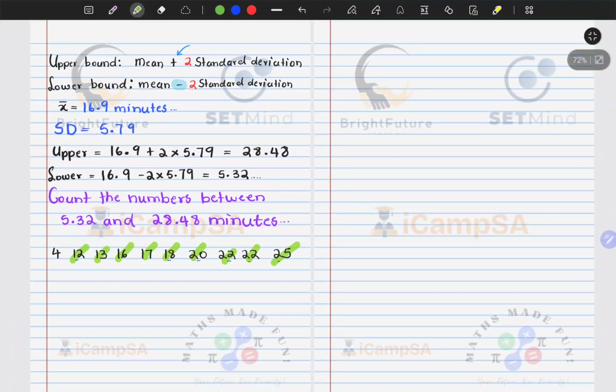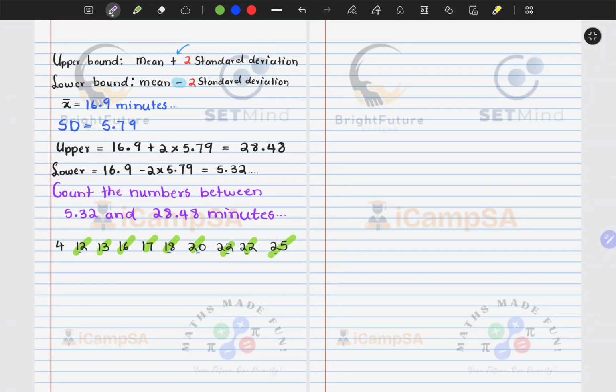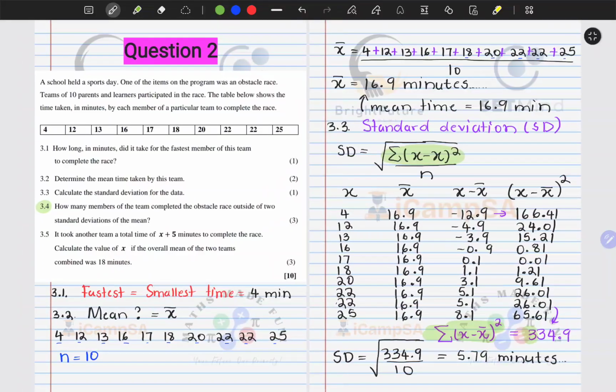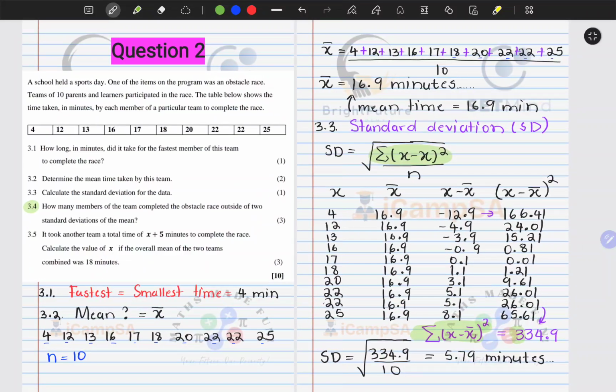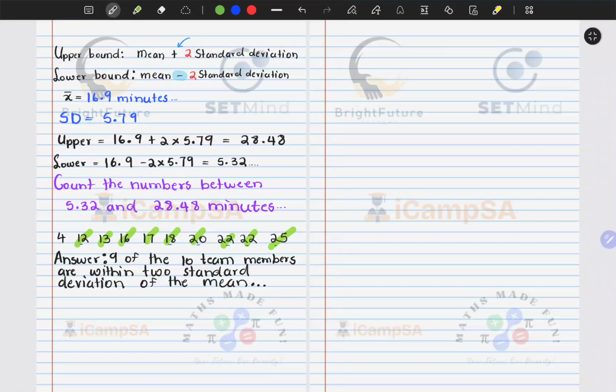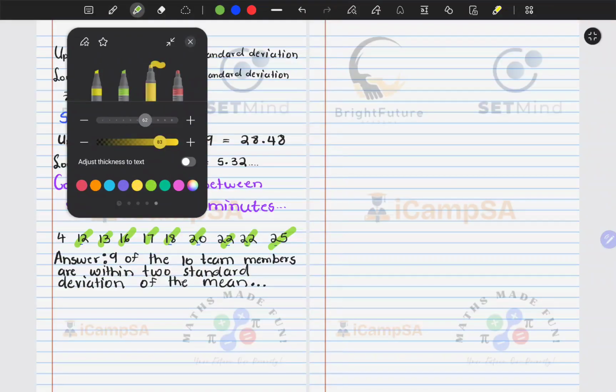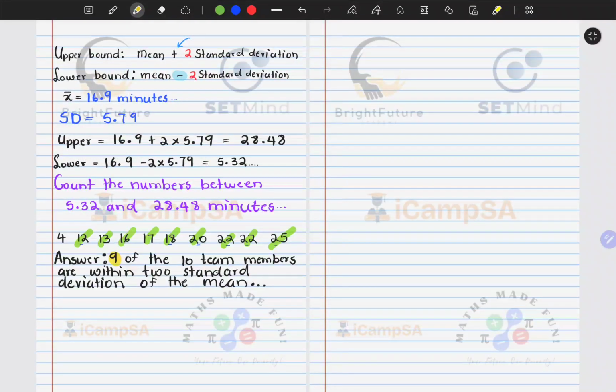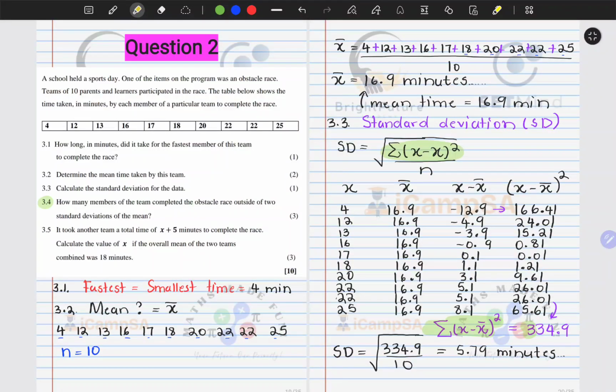Essentially we have 9 of the members within 2 standard deviations of the mean. So that is our answer for question 3.4.